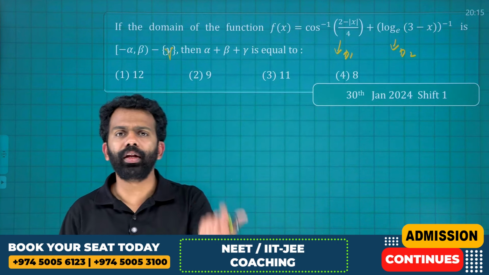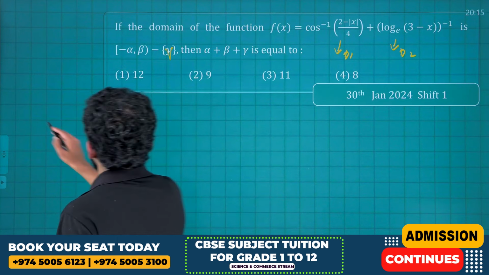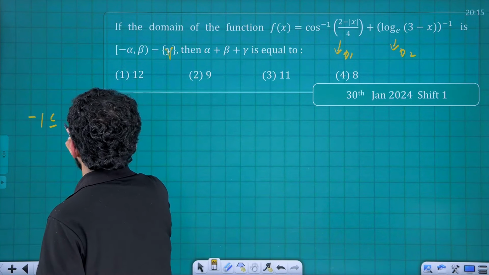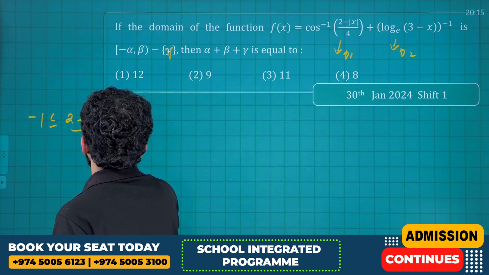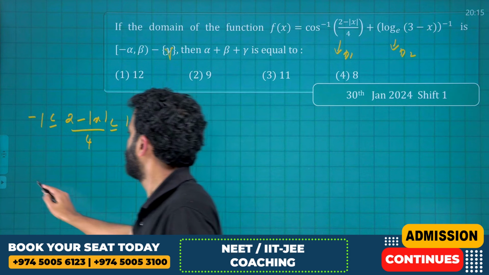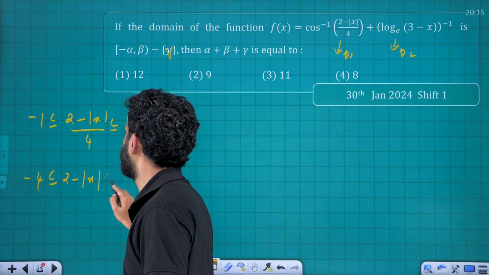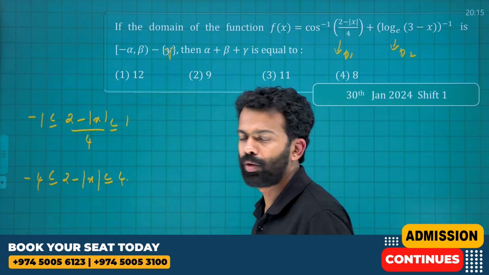So how will you find the domain of cos inverse? It will be like minus 1 less than or equal to (2 minus mod x) divided by 4 less than or equal to 1. Multiply with 4 and you will get minus 4 less than or equal to 2 minus mod x less than or equal to 4.